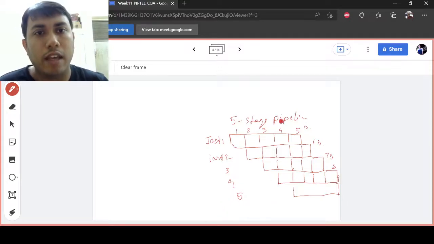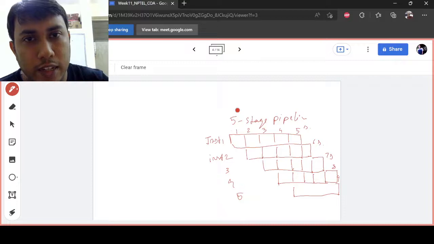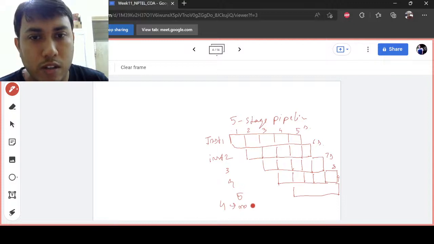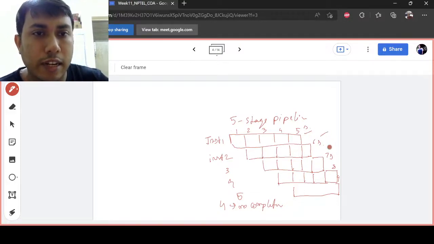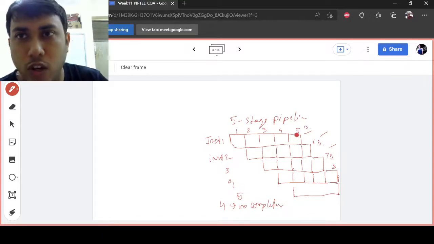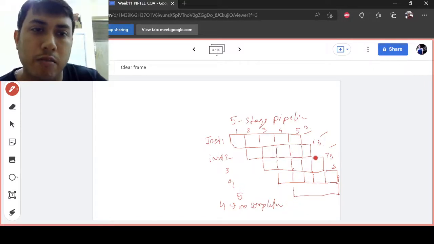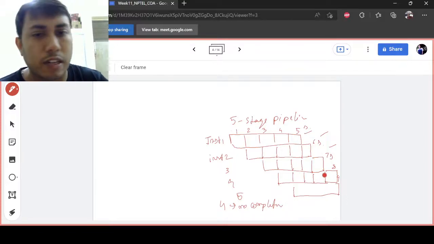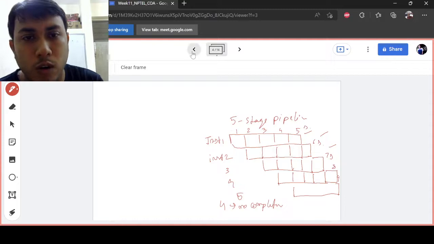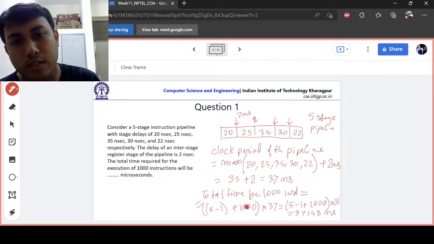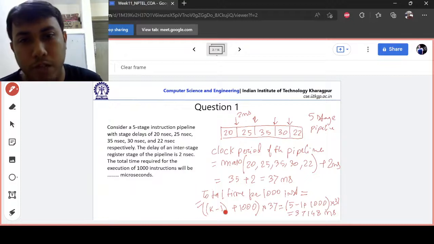So for the first 4 units there is no completion, but after that every unit one instruction gets completed. That is how this formula comes, k minus 1 plus the number of instructions, which is the time required for completion of the instructions.